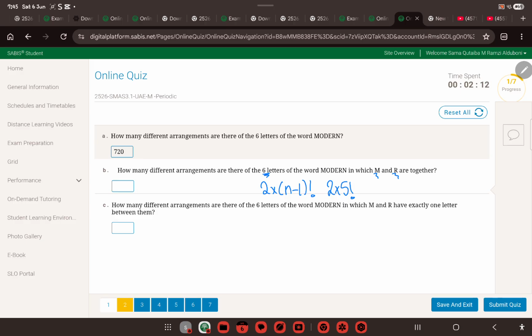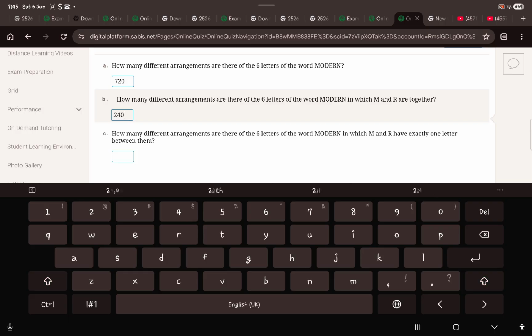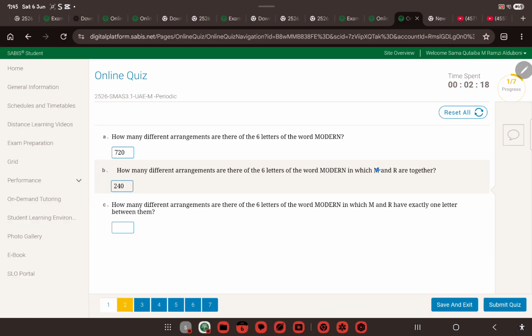So 2 times 5 factorial is equal to 240. If it says, for example, in which R and R are together, you shouldn't add the 2 times in the beginning, since they're the same letter. They can be flipped, but they're the same entity.